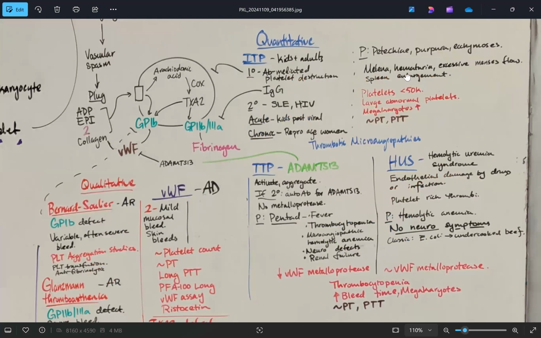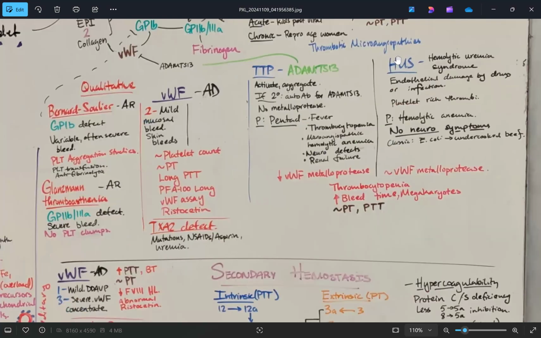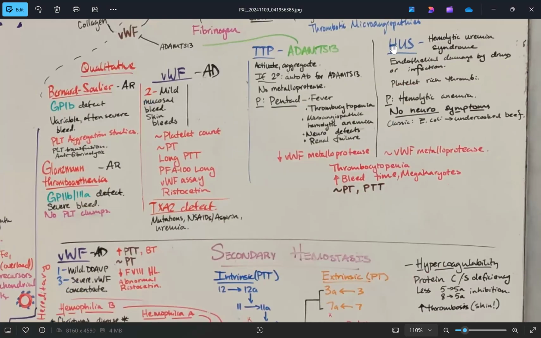And so this is going to be important when we talk about differentiating between TTP and hemolytic uremic syndrome. But going back to TTP, your presentation is going to be a pentad. You'll have fever, thrombocytopenia, which makes sense, microangiopathic hemolytic anemia, neurological deficits, and renal failure. Going to hemolytic uremic syndrome, or HUS.